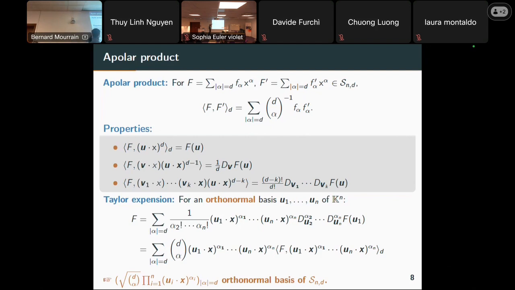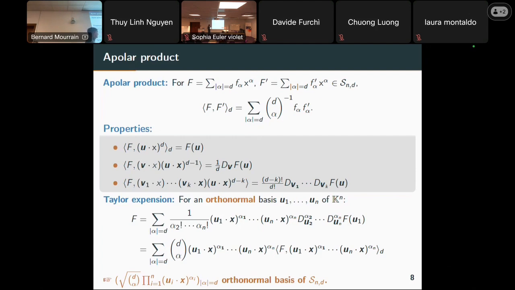What is nice with this product is the following. I say a polynomial homogeneous of degree d; I also call it a form, which is also what you can see in the literature. So take the form f of degree d and the apolar product with (u scalar x)^d, where u is a vector and x is the variable vector.